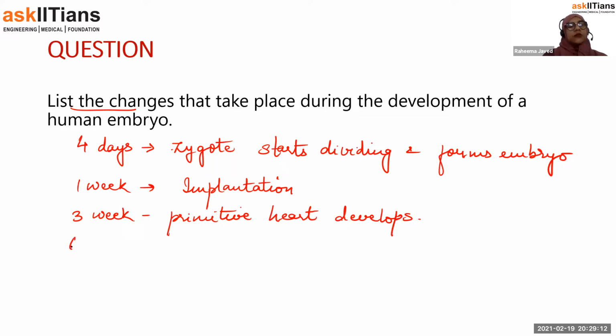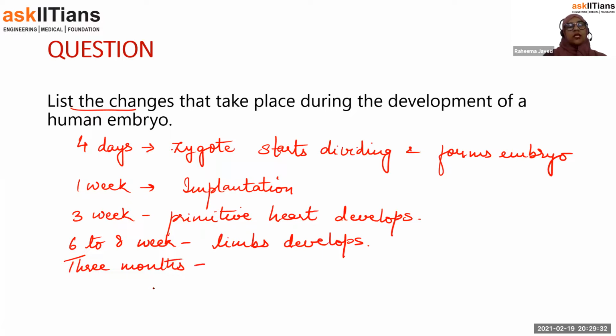After 6 to 8 weeks, the limbs develop, the hands and the legs with fingers, tiny little fingers also, and after about 3 months, all the organs of the fetus are in place.